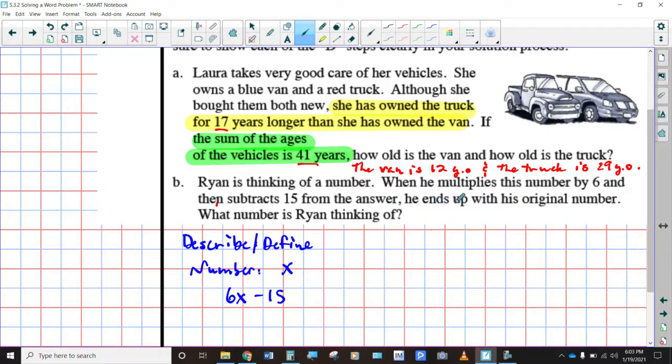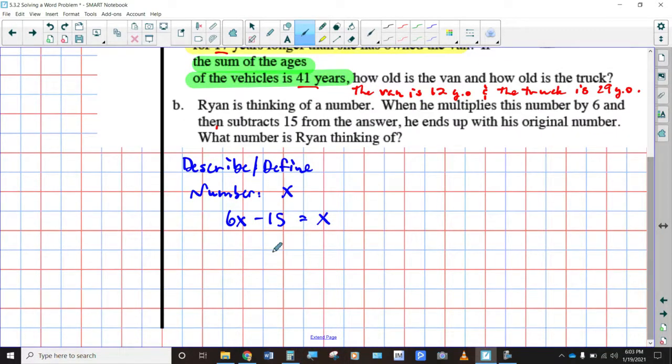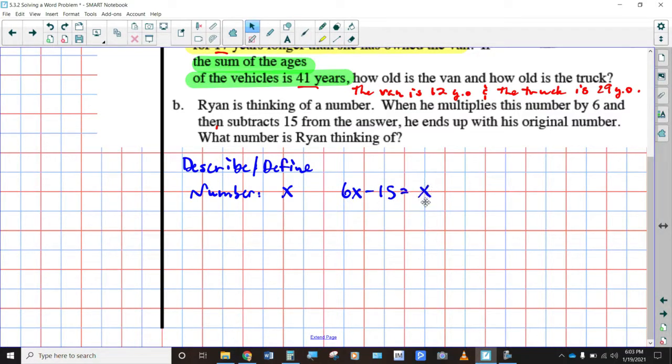When he is done, he ends up with his original number. So this is the process we're going to use. We're going to make up a number, multiply it times 6, then subtract 15, and then hopefully what we get as a result is the same number that we started with.